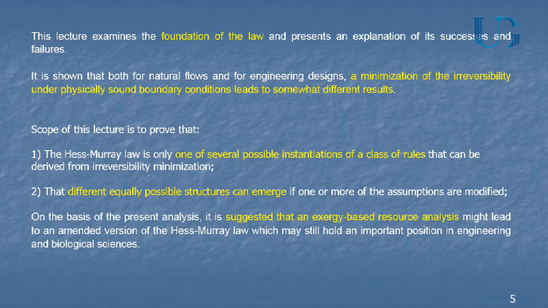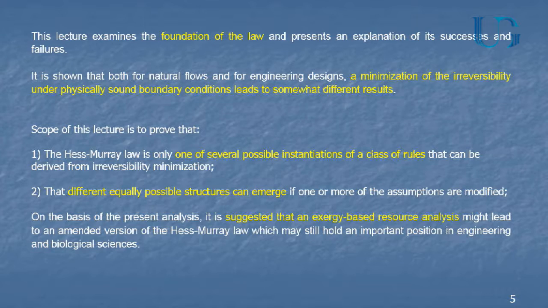Of course, if the radii don't have the ratio dictated by the Hess-Murray law, then different structures can emerge, not built according to the Hess-Murray law, but according to some other law, constant Reynolds, constant volume, whatever. And I will suggest at the end that we should go to an entropy generation based analysis, or exergy destruction. The entropy generation rate is equal to exergy destruction, as you probably know. But that is left for another lecture, so I will stop with the entropy generation minimization.